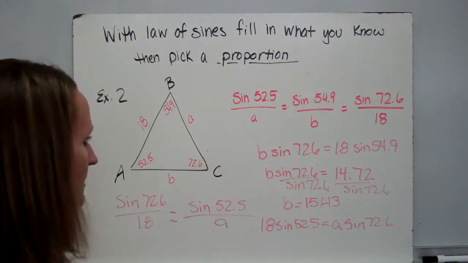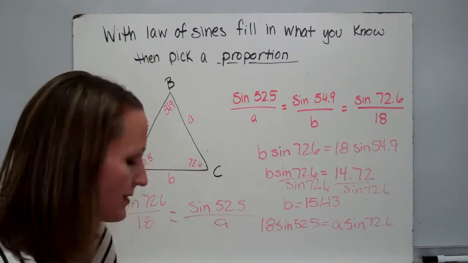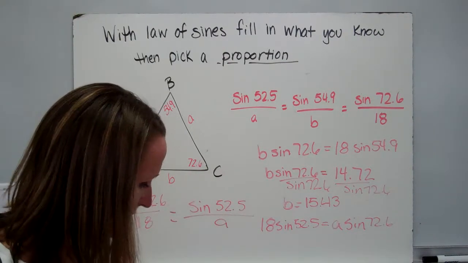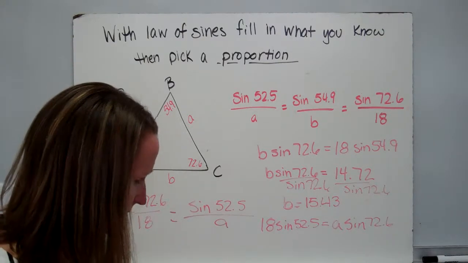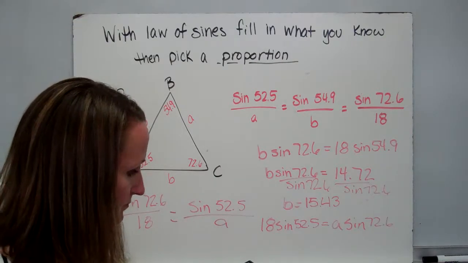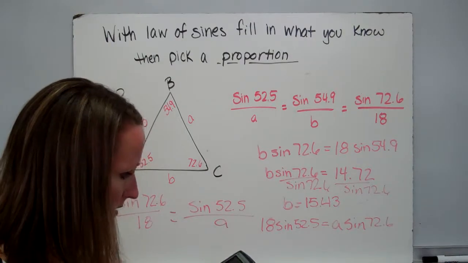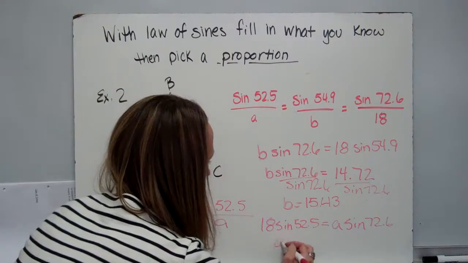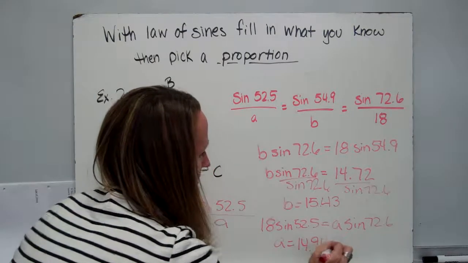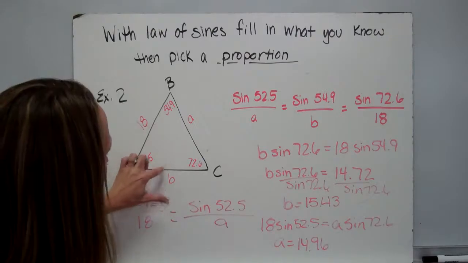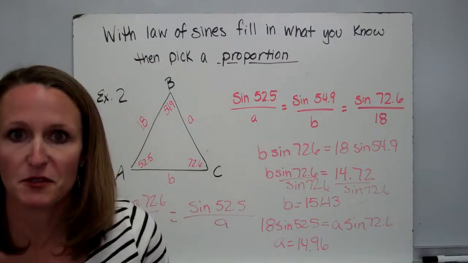Now what I want to do is solve this side and divide by the sine of 72.6. So 18 sine of 52.5 divided by the sine of 72.6, we find out that A equals 14.96. So now we know our three side lengths, and that is how you use the law of sines.